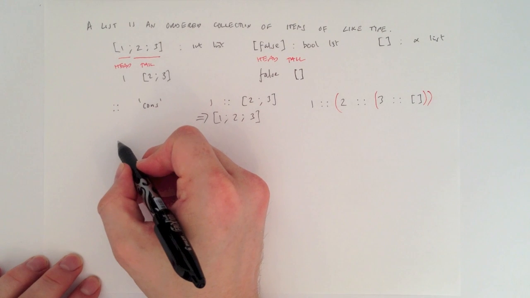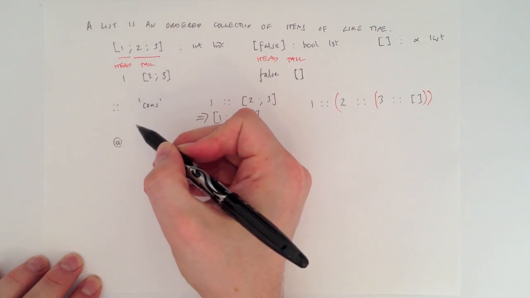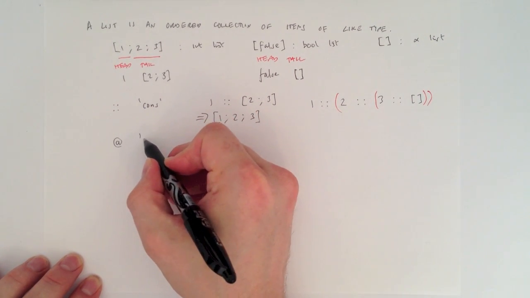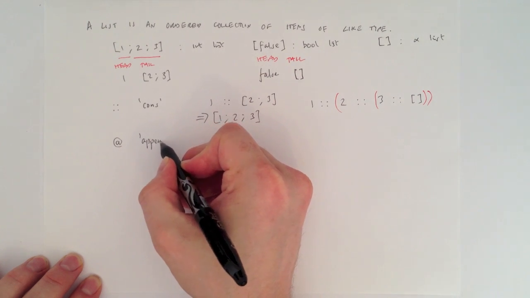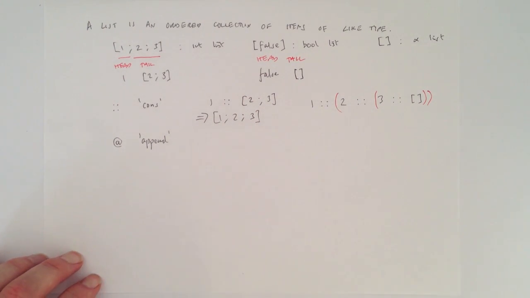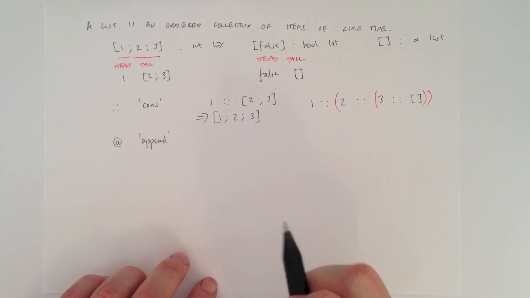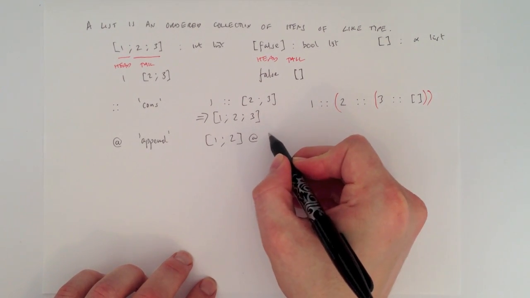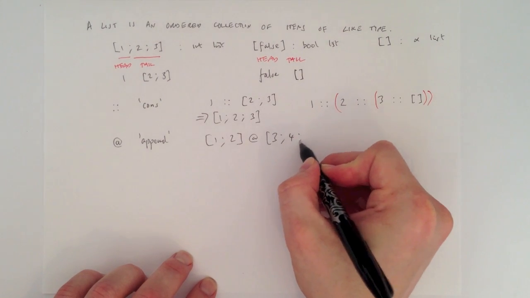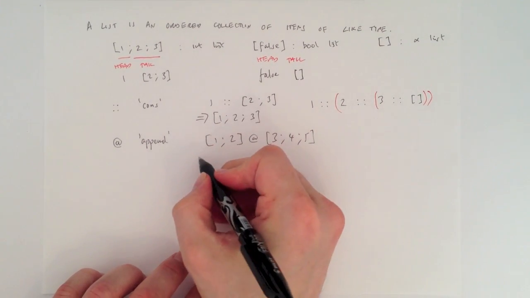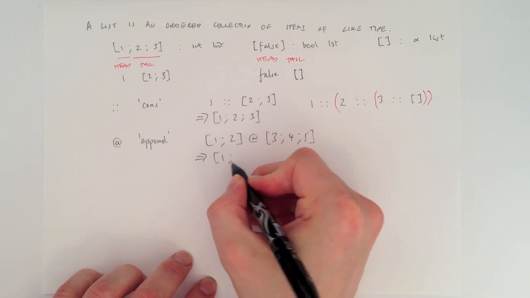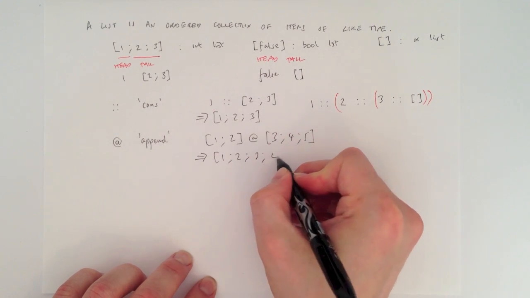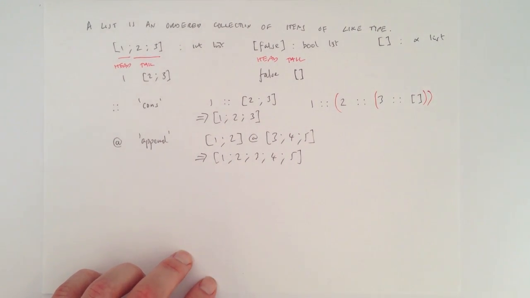The second operator that's built in is the @ symbol, and that operator is called append, and it's used for appending two lists together in order. So if we write that, that will evaluate to the list containing 1, 2, 3, 4, and 5.